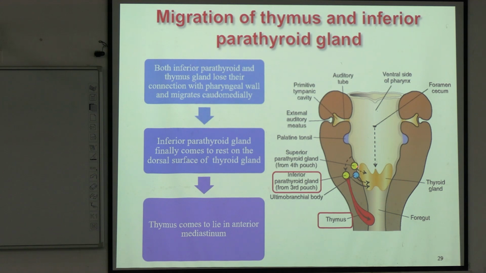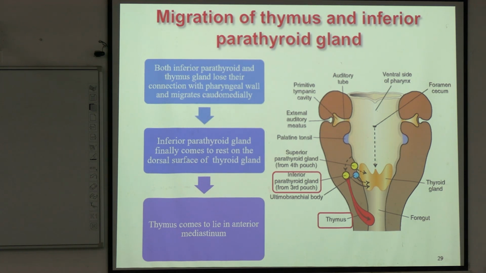It goes down below and settles into the bottom part of the thyroid gland. So this third one becomes the lower, or inferior, one. That's why it is known as the inferior parathyroid gland. And the fourth one comes from the fourth pharyngeal pouch, which is present here, stays there, and becomes the superior parathyroid gland.